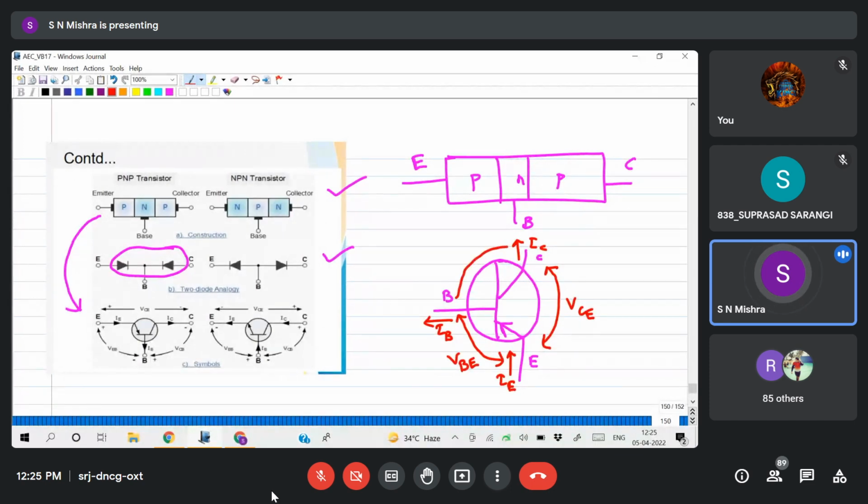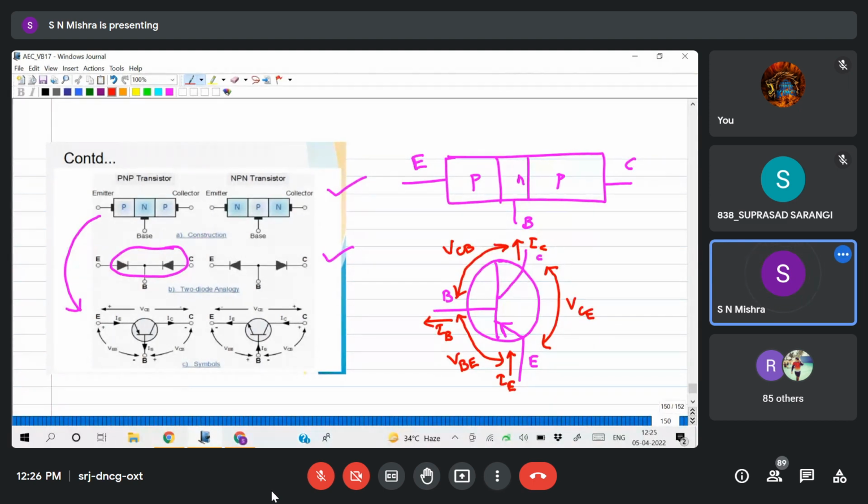The voltage between base and collector is the collector base voltage, VCB. Plus minus terminals will be connected when we go for the circuit. Here I am only discussing naming and terminology, so we will not go for plus minus.